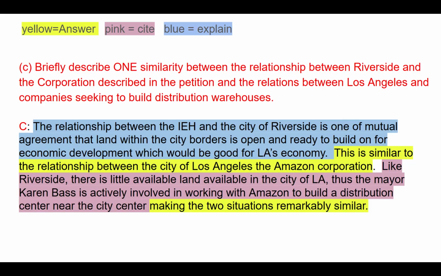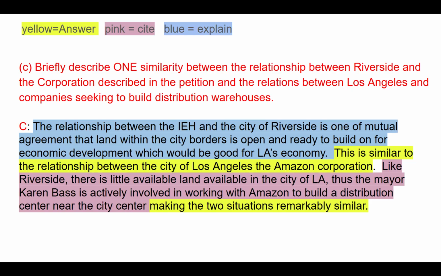It's asking, briefly describe one similarity between the relationship between Riverside and the corporation described in the petition and the relations between Los Angeles and companies seeking to build distribution warehouses. So obviously here you can read the document and you can figure out what the relationship is between Riverside and the corporation. But they're also going to say, well, what else do you know?